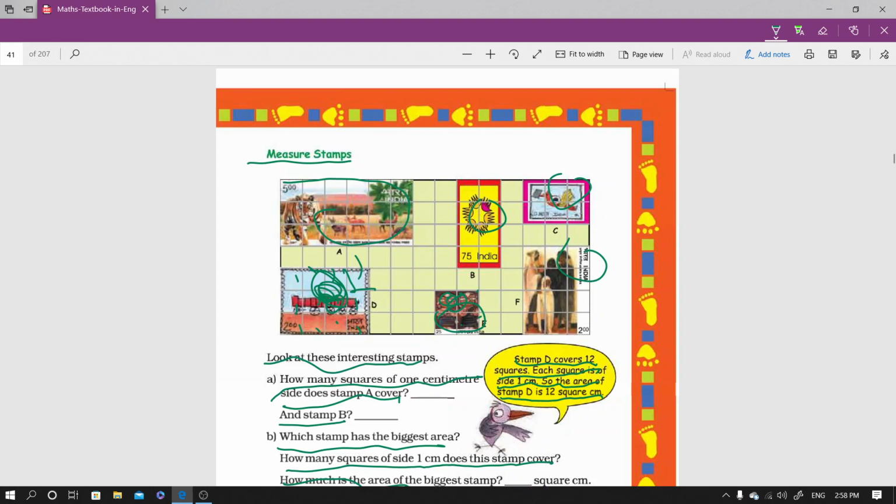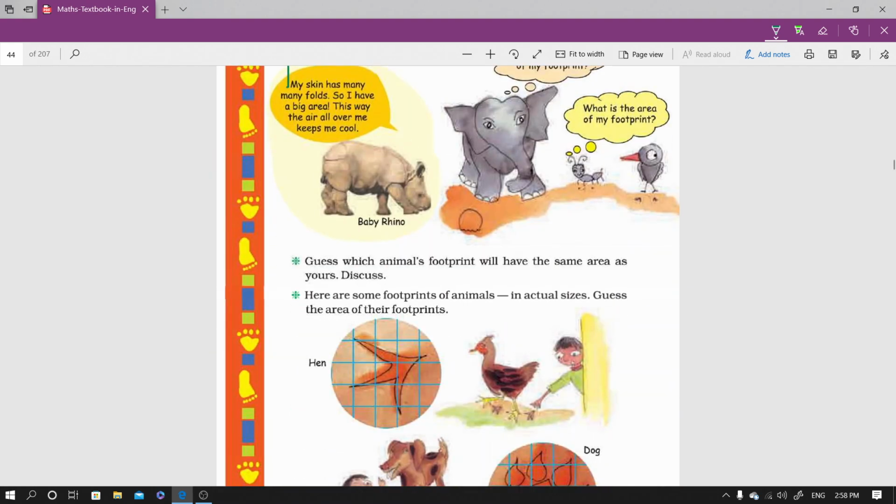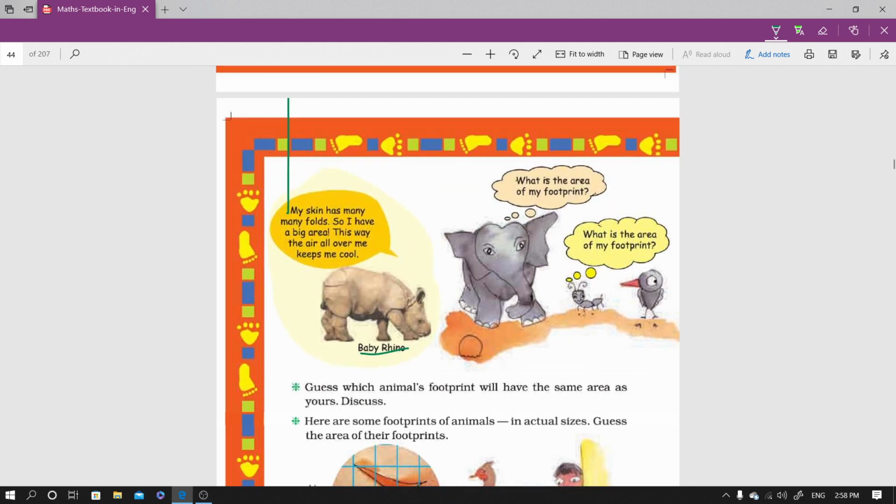My baby rhino. My skin has many folds, so I have a big area this way.